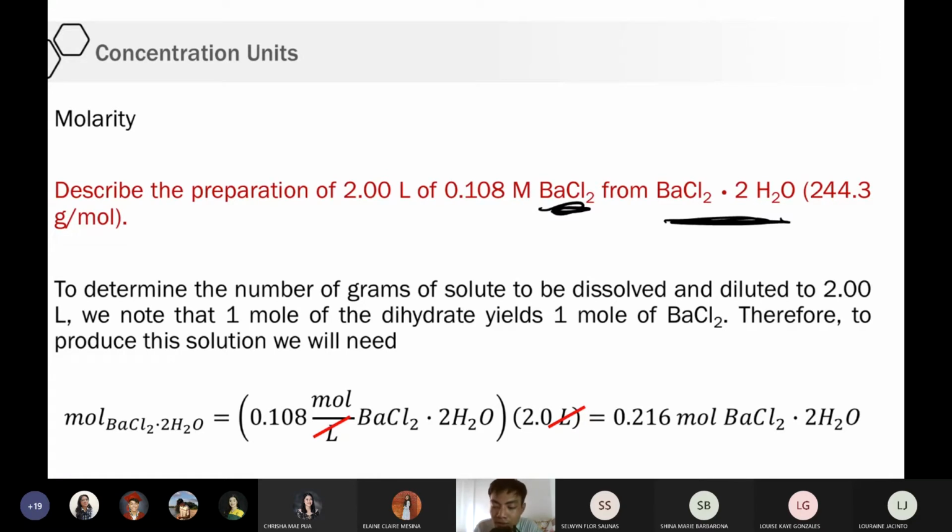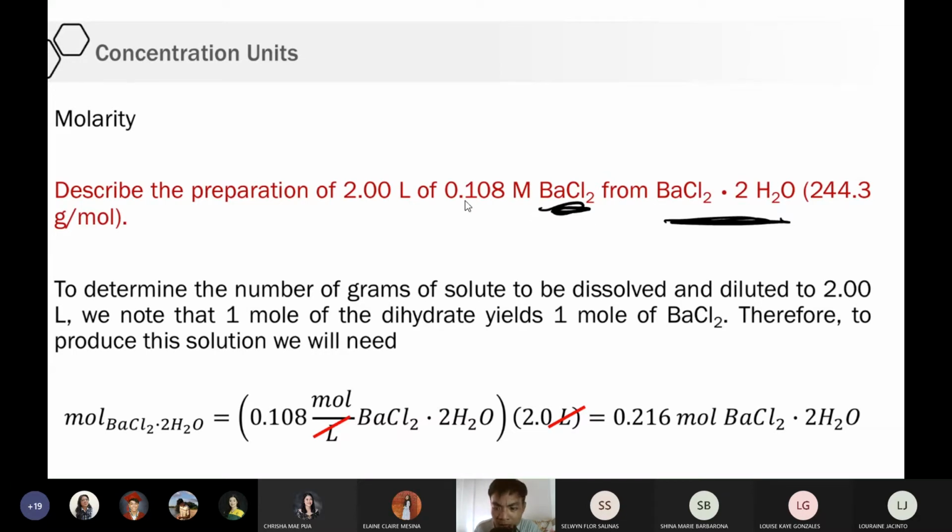So, ganun. So, that means, alamin muna natin kung ilang moles neto ang kailangan. Okay? So, we have 2 liters volume. We have 0.108 molar. Yun yung concentration. Can we now solve for the moles of BaCl2, na barium chloride? Pwede, no?